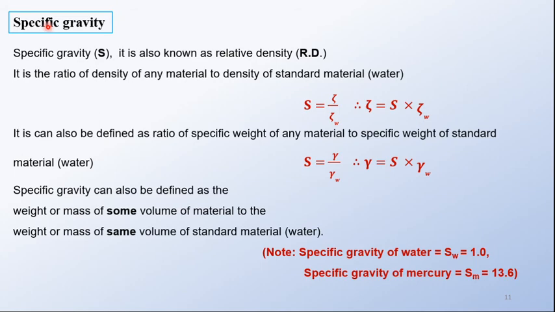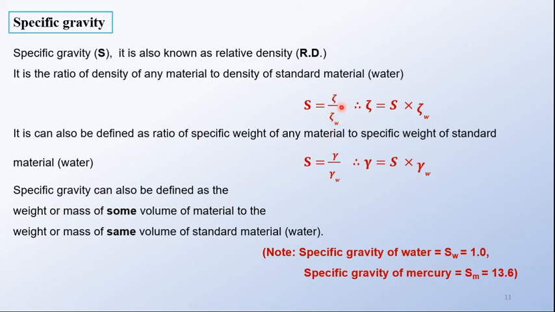We'll see specific gravity. By definition, it is the ratio of density of any material to density of standard material. So it is a ratio. So density of one material you want, specific gravity you want, you keep the density on the numerator, divide by density of standard liquid, which is nothing but water.